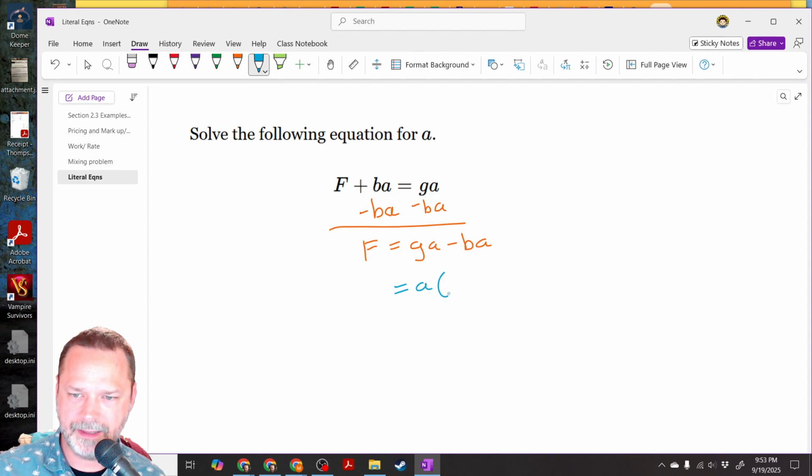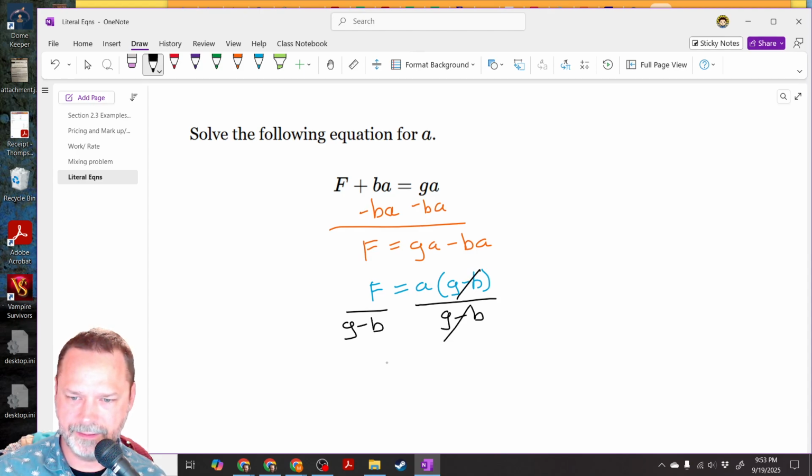So we have A times G minus B. Okay, and last but not least, we still want to get A by itself, so we would divide both sides by G minus B to get our solution.